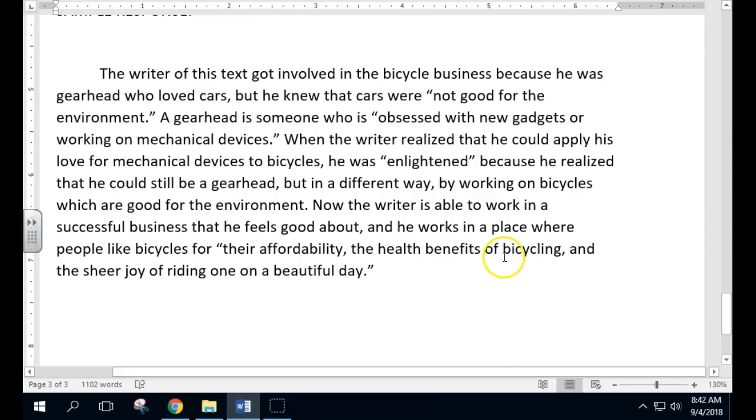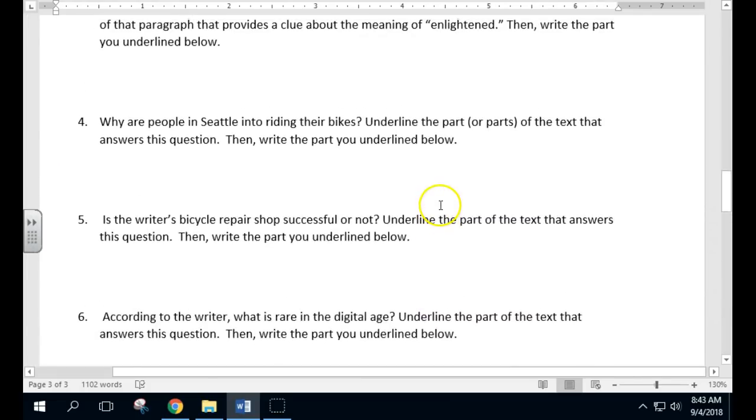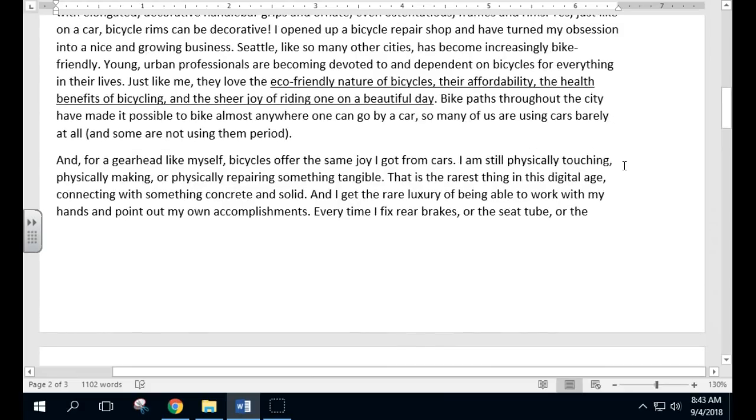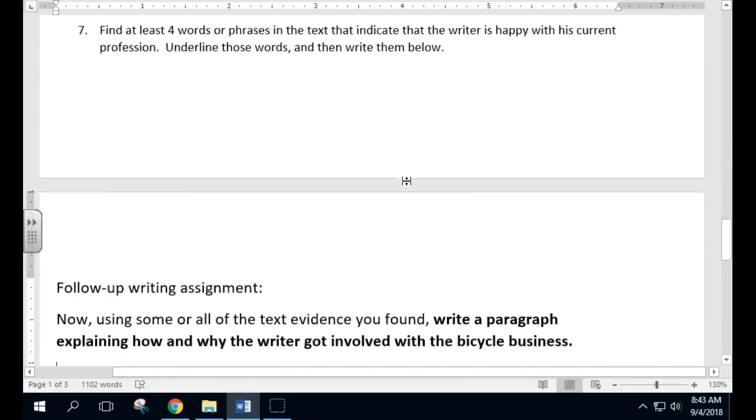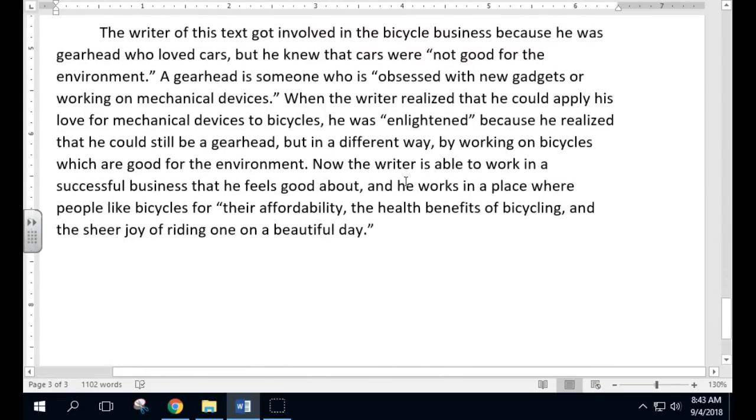And I felt like part of that was because he could have a successful business. And this came from the question about why people in Seattle ride their bikes. So I had underlined this. They are eco-friendly, they're affordable, they have health benefits. So I used that information in this last part of my answer.